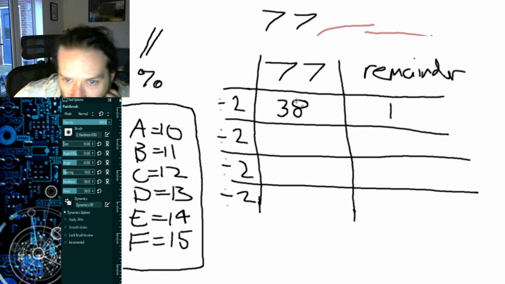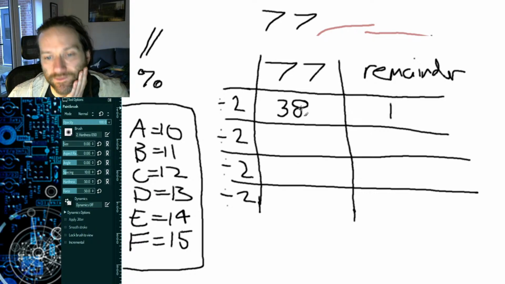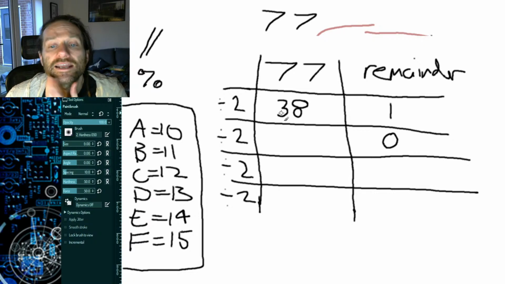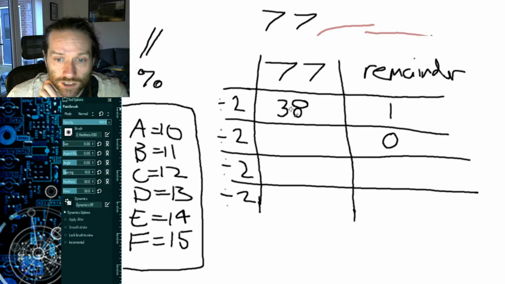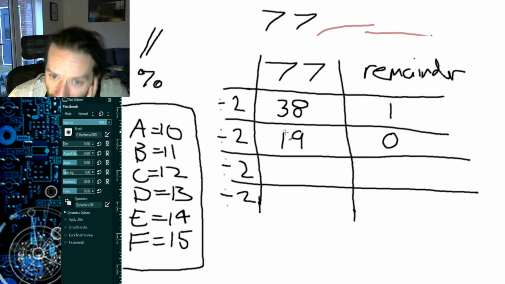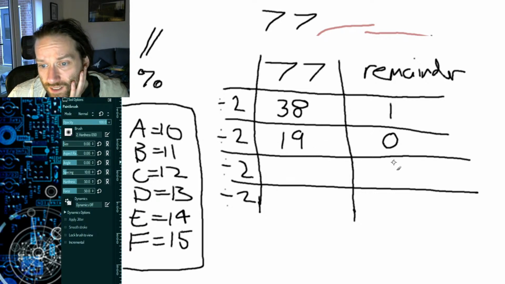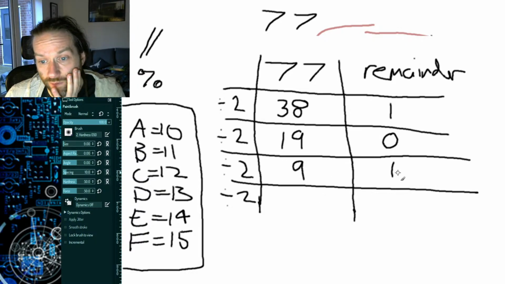We are now dividing this number by 2. 38 divided by 2, it's an even number, so I know the remainder's going to be 0. 38 divided by 2 is 19. 19 is odd, so the remainder is going to be 1. 19 divided by 2 is 9, remainder 1. That's an odd number, so the remainder is going to be 1. And then 9 divided by 2 is 4.